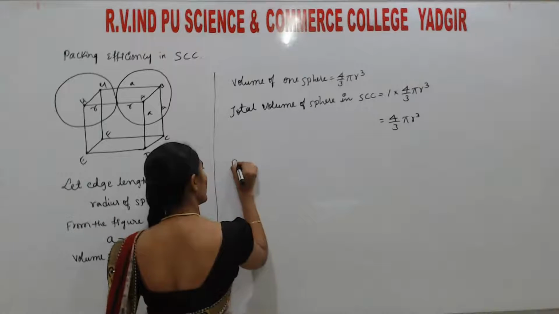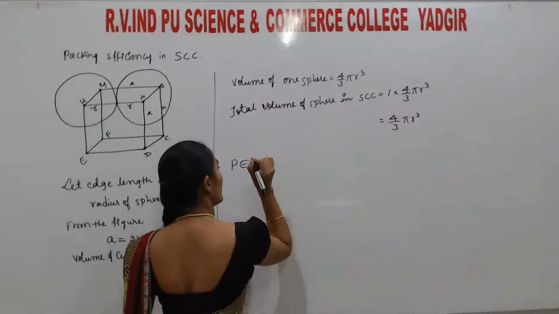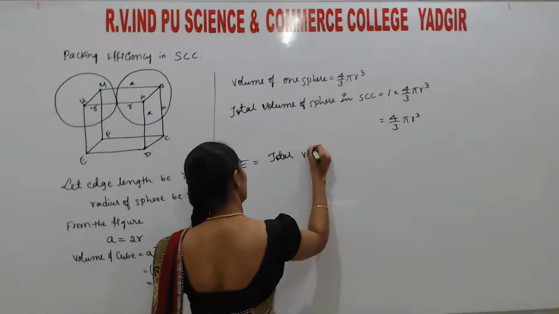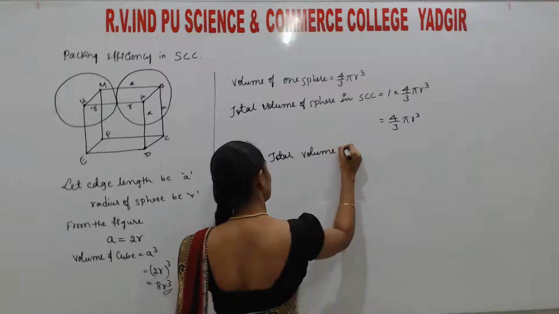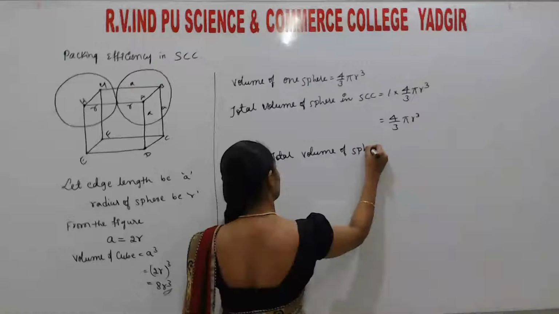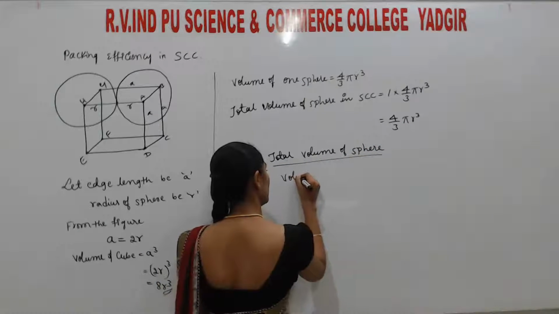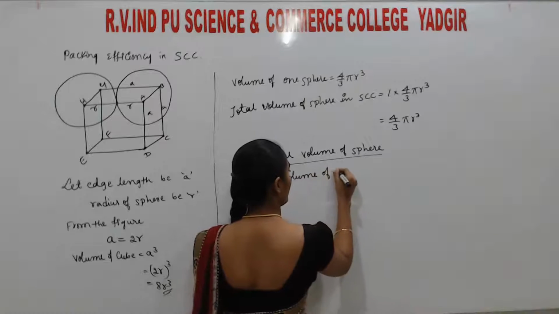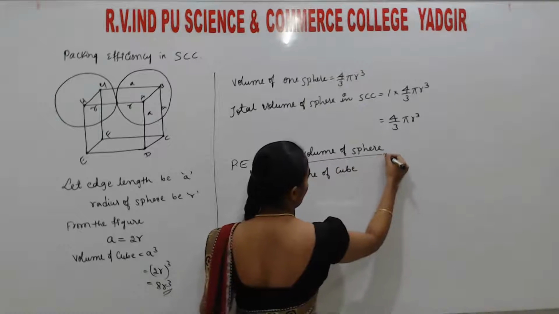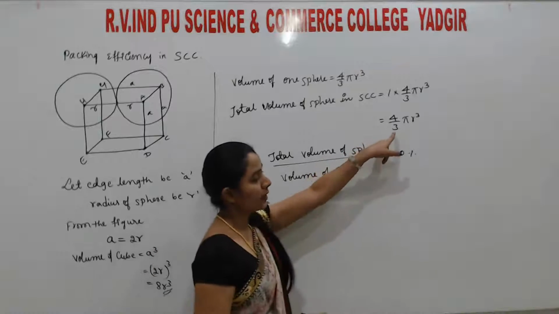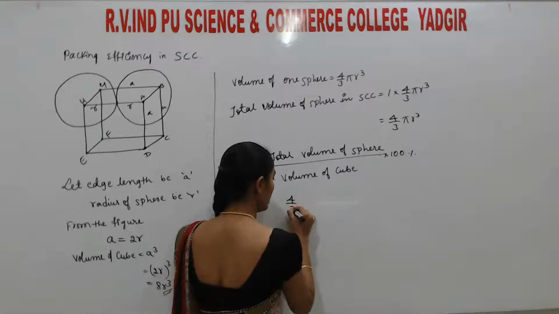So then apply the packing efficiency formula. Packing efficiency is equal to total volume of sphere divided by volume of cube into 100%. Total volume of sphere is how much? 4 by 3 pi r cube.